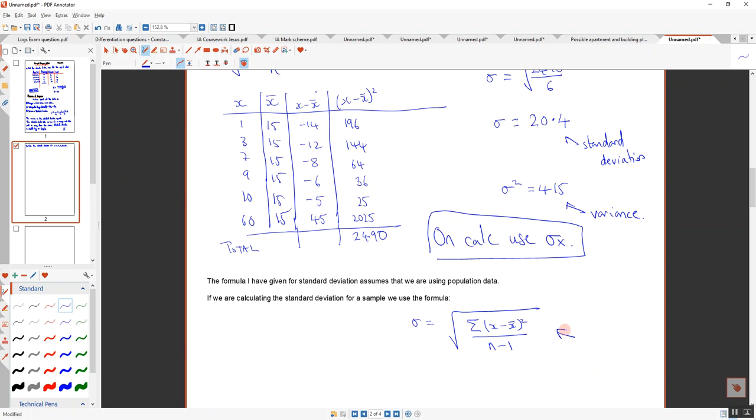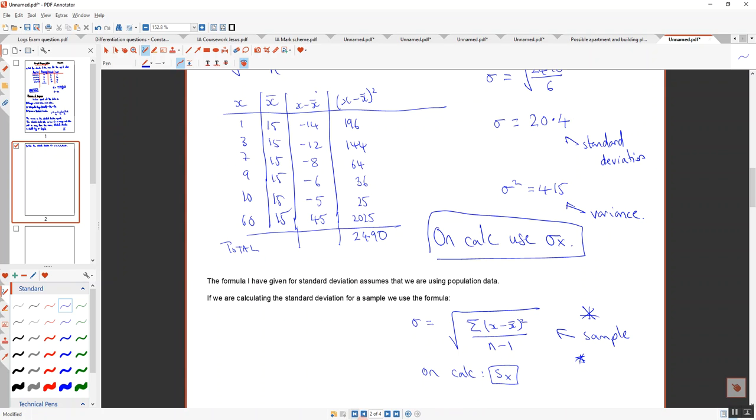Now this is for a sample. But this is not on the course. You do not need to be aware of this. This is just for interest's sake. And on the calc, this is the sx.